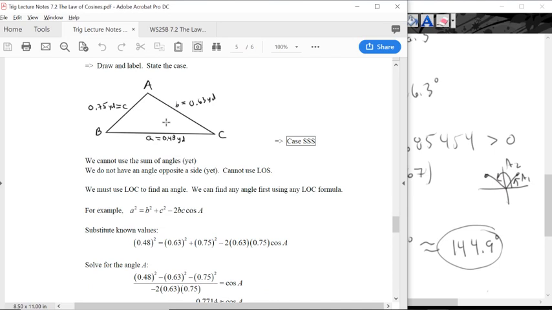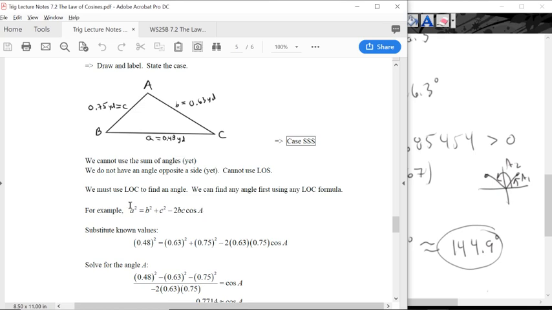If you want to go through and set up a law of cosines right now for, let's say, angle C, you could do that. It would be rewriting the formula as c squared equals a squared plus b squared minus 2ab cosine C. So you can rewrite the formula whereby you're trying to solve for the angle C instead. Right?